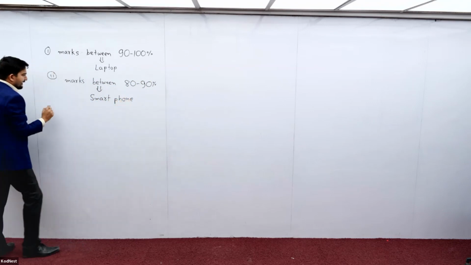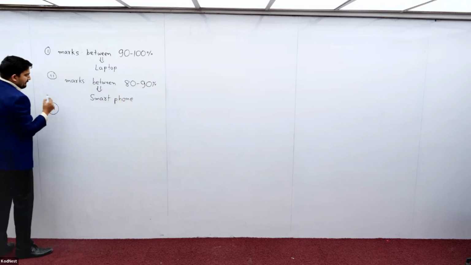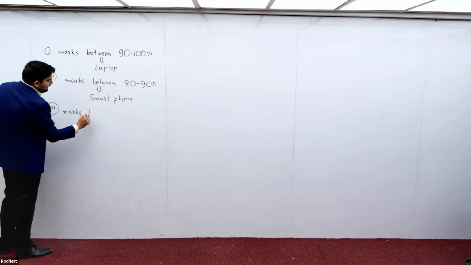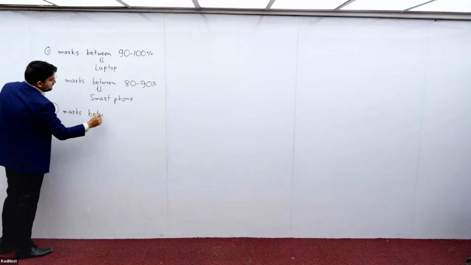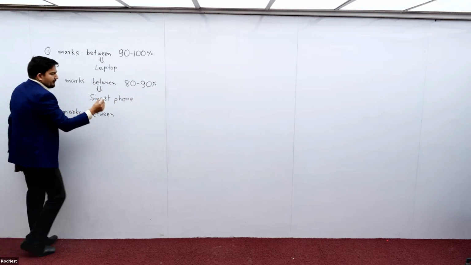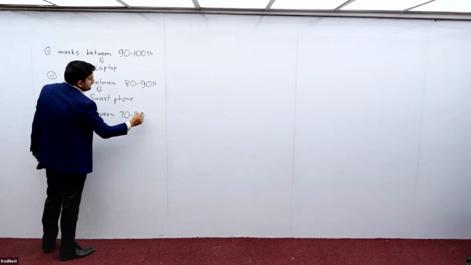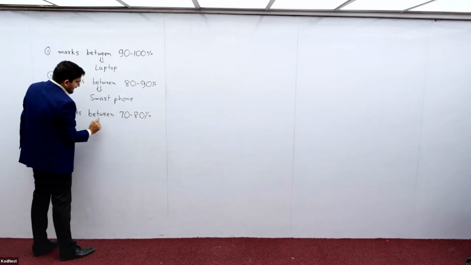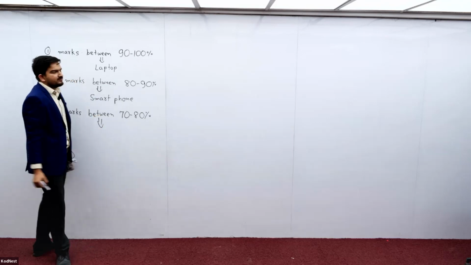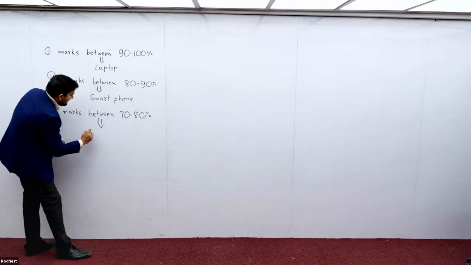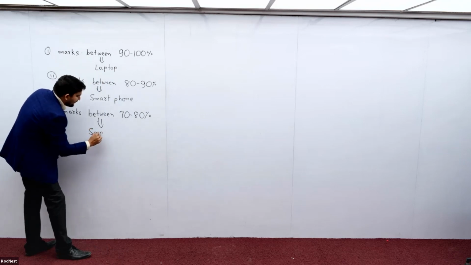In third scenario, maybe we will say marks is between maybe I'll say 70 to 80%. In such a case, what can we expect? Smartwatch, nice. Maybe in this case, we are going to get a smartwatch.